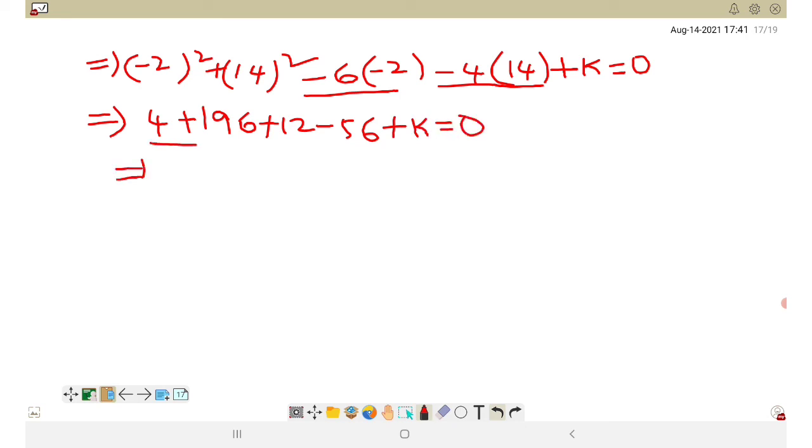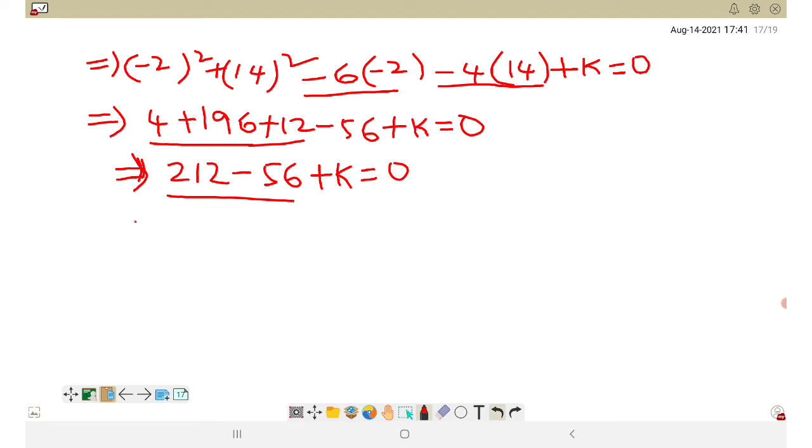So 4 plus 196 is 200, plus 12 is 212, minus 56 is 156, plus k is equal to 0. So here k is equal to minus 156.